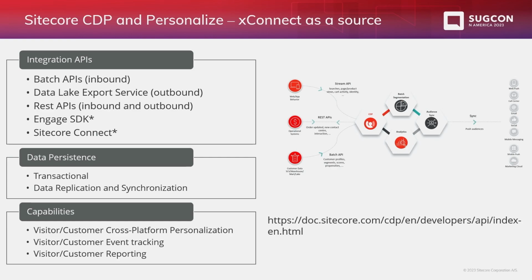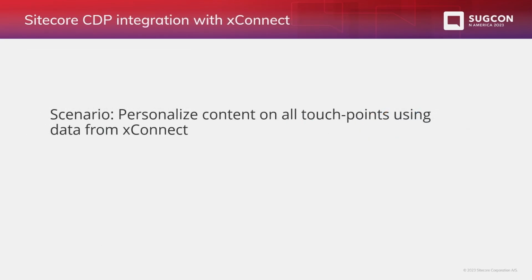So quite powerful. Well, here's a scenario that we're going to do. We're going to personalize content on all touch points using data from xConnect. And that's really the goal, is to get data from our xConnect system and start doing personalization on our XP site, or any for that matter.